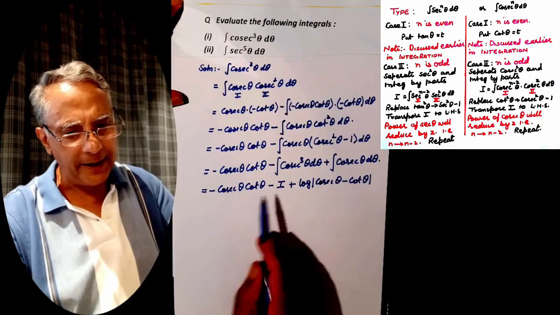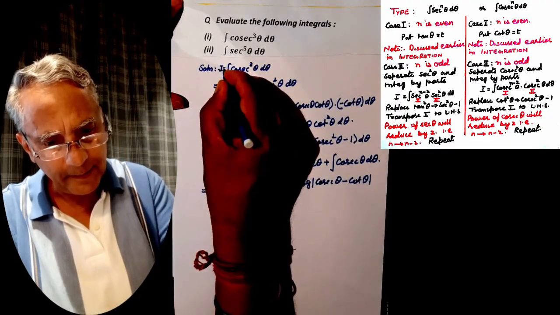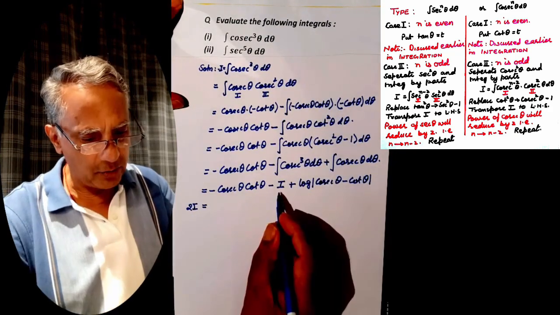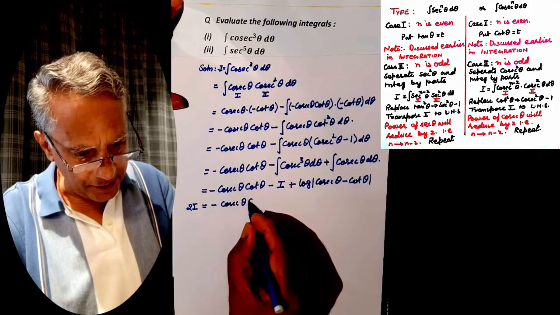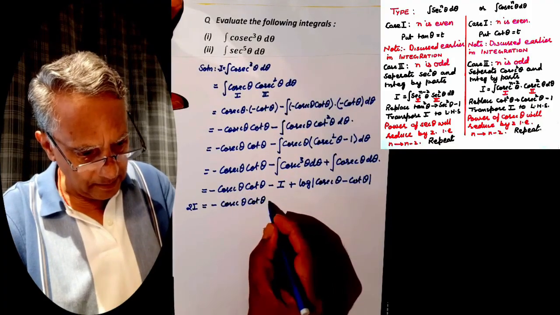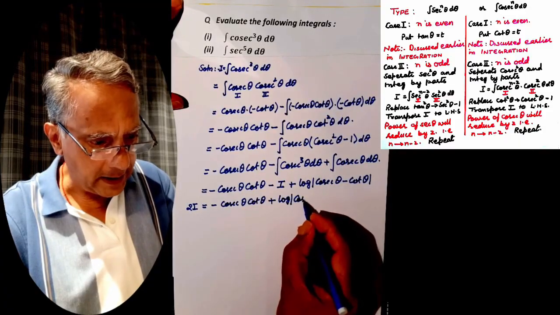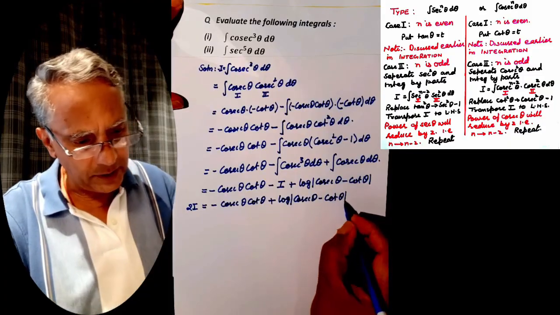Now transpose this I to the left hand side. This is I, so we get 2I is equal to minus cosecant theta cotangent theta plus log of cosecant theta minus cotangent theta.